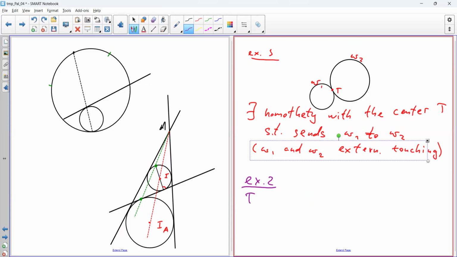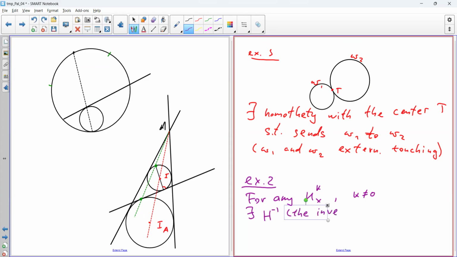So, for any homothety with center x and coefficient k, where k is not equal to 0, there exists h to the minus first, the inverse homothety.